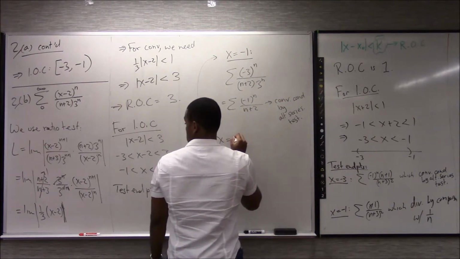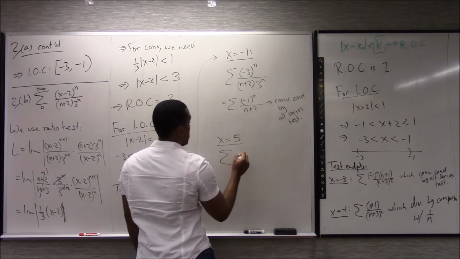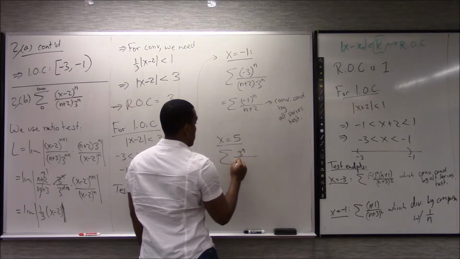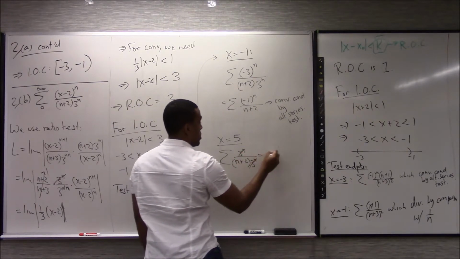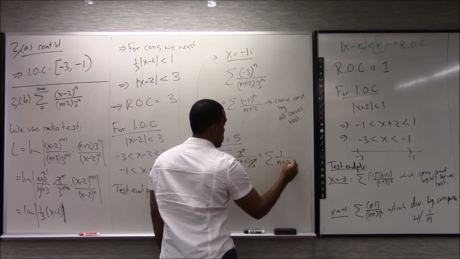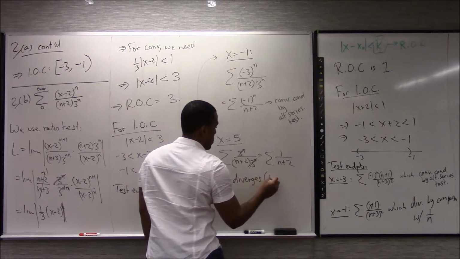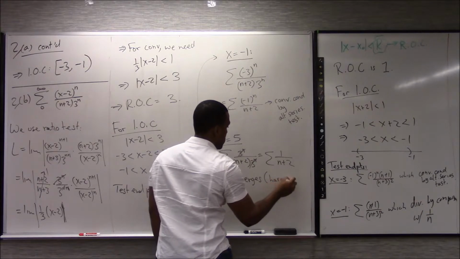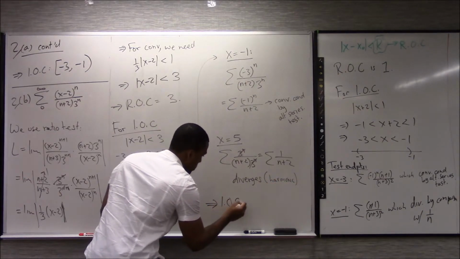If I plug in x equals 5, my series would become 3 to the n over n plus 2 divided by 3 to the n, those cancel, so that's just a series of 1 over n plus 2 diverges. It's basically harmonic. This means your interval of convergence.